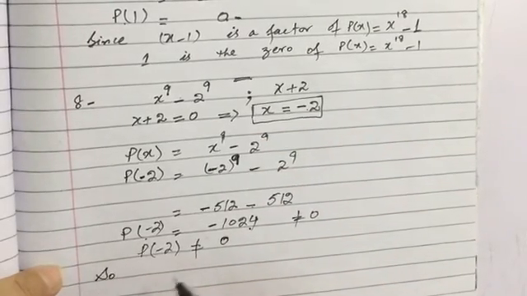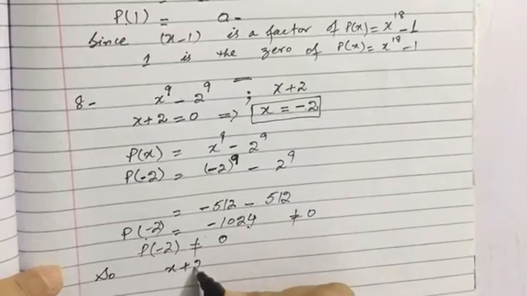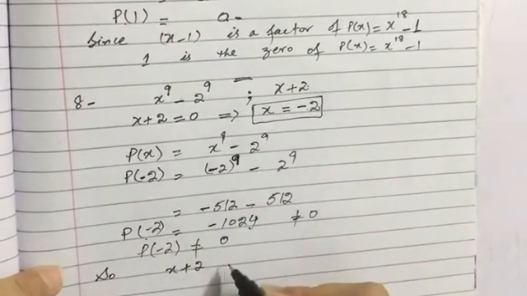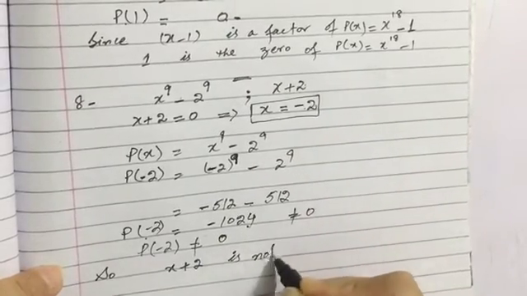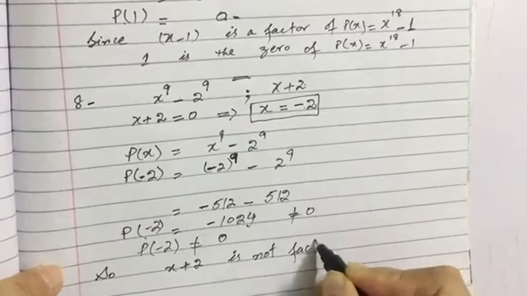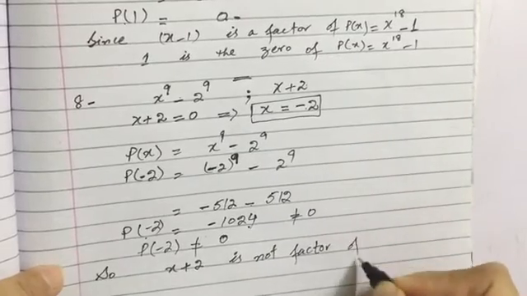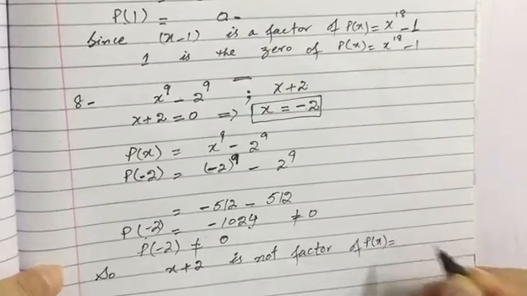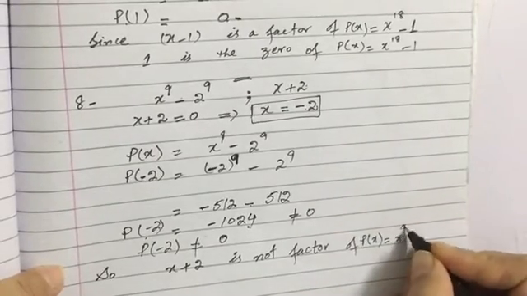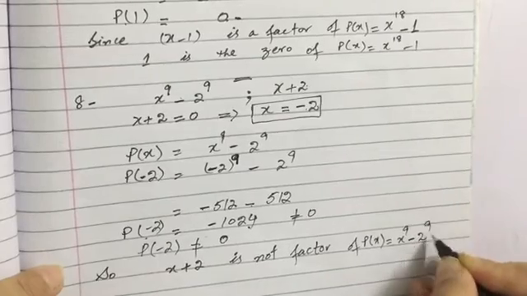So x plus 2, that is the second polynomial, is not a factor of P of x, which is equal to x raised to power 9 minus 2 raised to power 9.